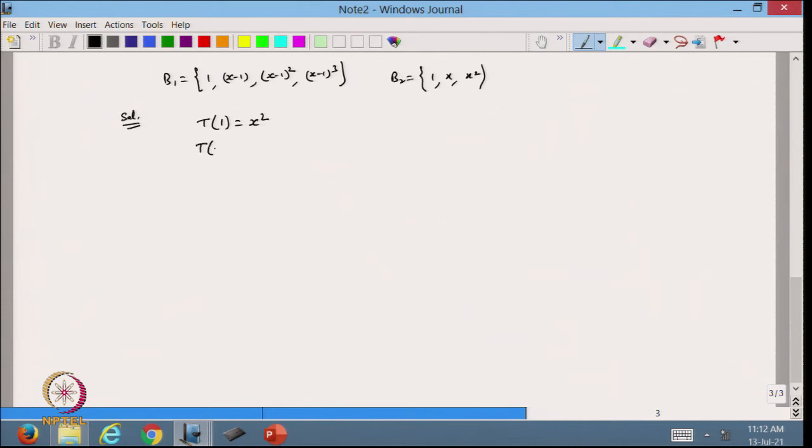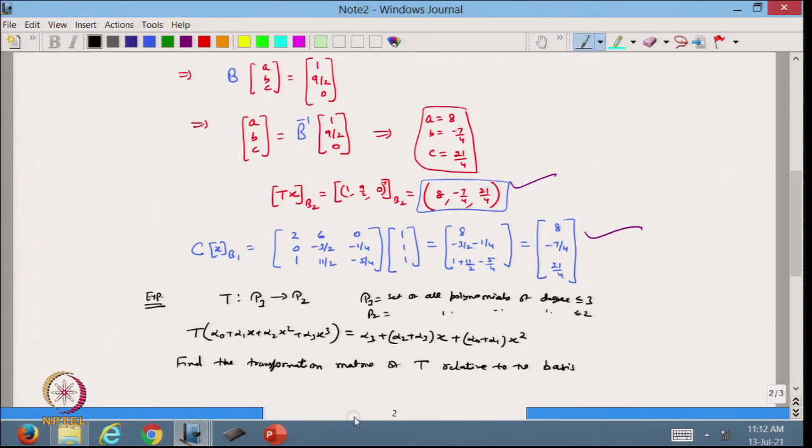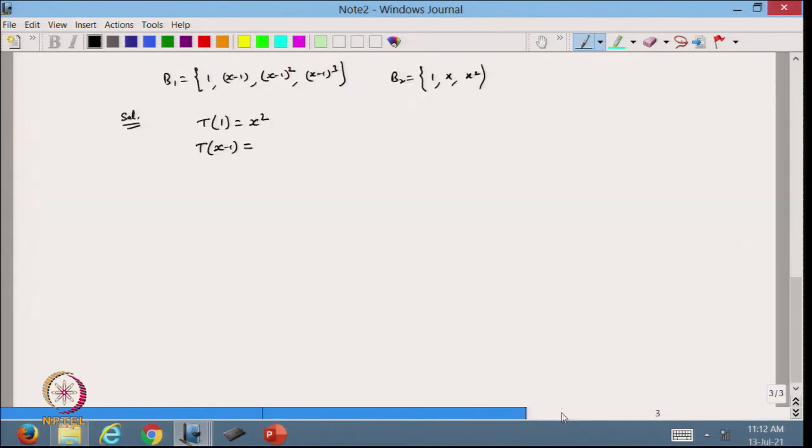T of x minus 1. So, x minus 1 implies that alpha 1 is 1 and alpha 0 is minus 1, and all other terms, alpha 2 is 0 and alpha 3 is 0.